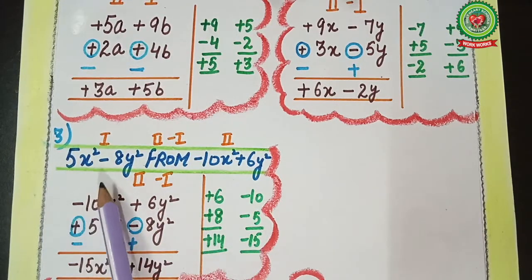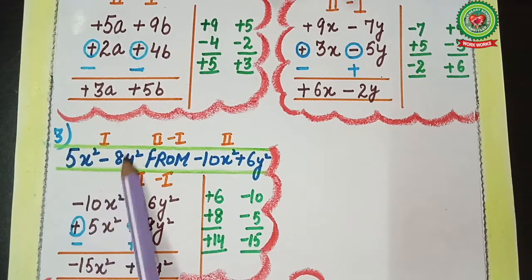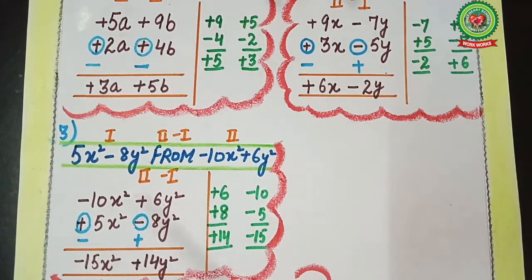Now move to example number 3. Now here you can see that I have taken the variables like x square minus y square. So here's your first expression, that is 5x square minus 8y square from minus 10x square plus 6y square, right? Now we will follow the same steps. So the first step is to write the second expression. So which is the second expression?